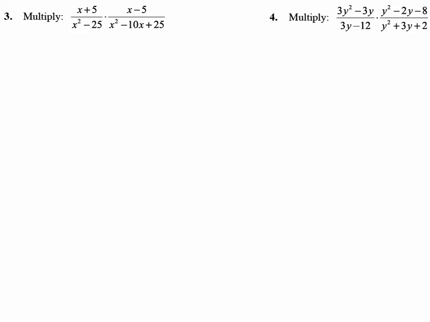So I'm trying to multiply these two together. Before I do that, I'm going to see if I can reduce, but before I can reduce, I have to see if I can factor. There's factoring again. So x plus 5 is okay on the top, but x squared minus 25 factors down into x plus 5, x minus 5.